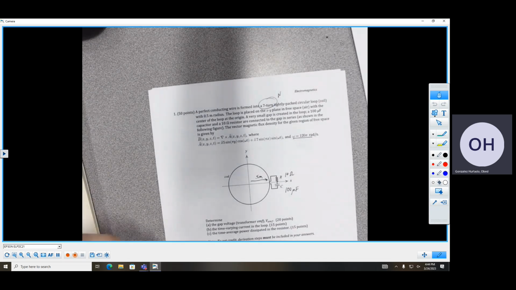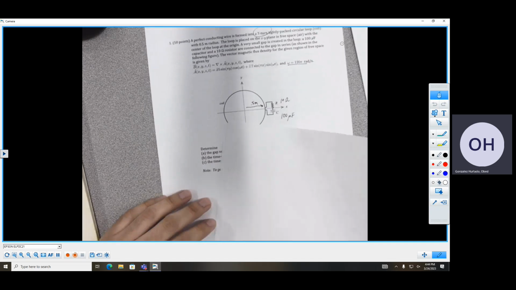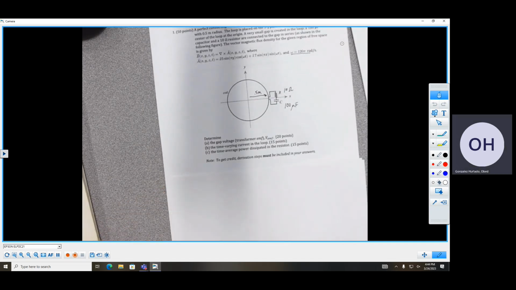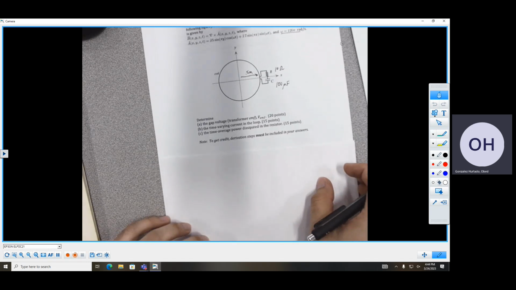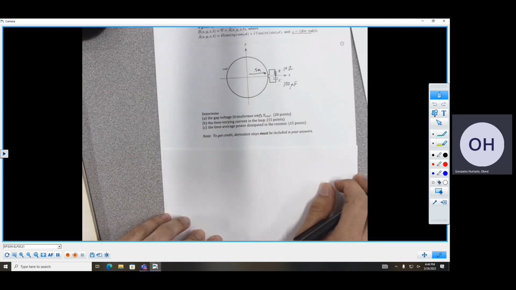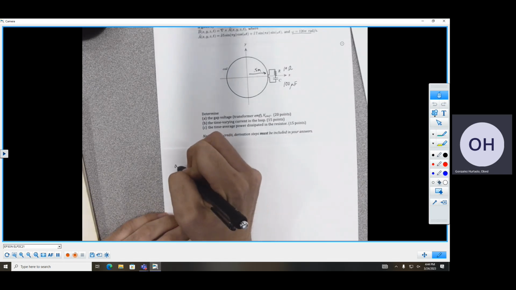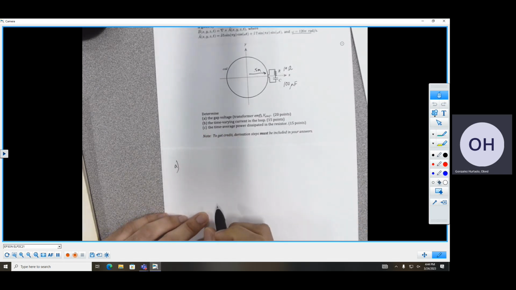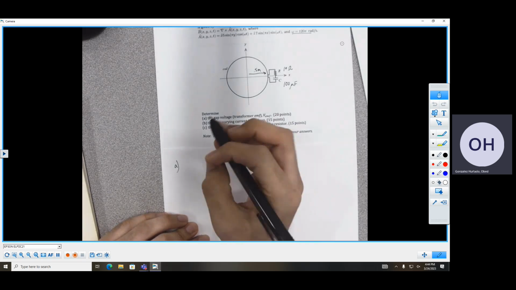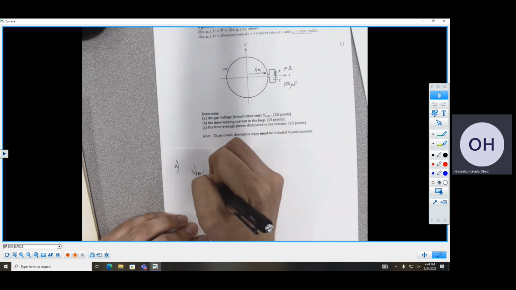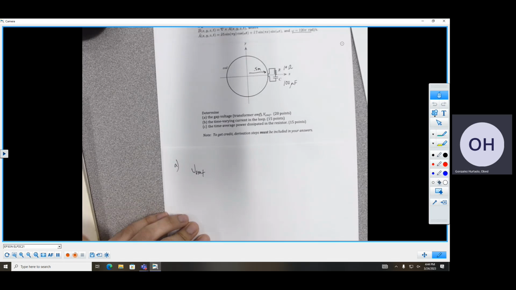Pretty simple. You've already done this on your homework. Pretty well. Hope you actually did it and not just copied, but if you copied, learned something. So, first part. Do you remember what the equation for VMF is? Just normal VMF. No transformer.